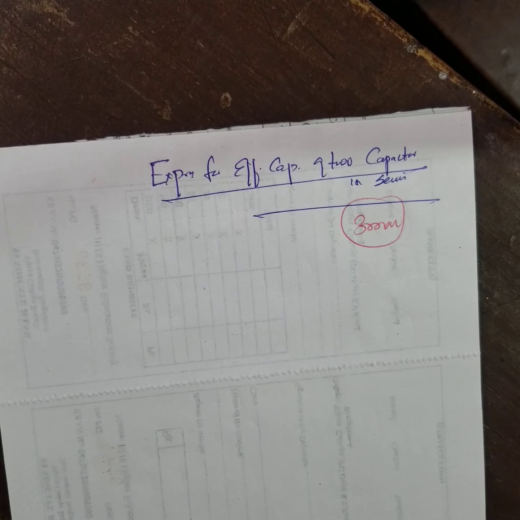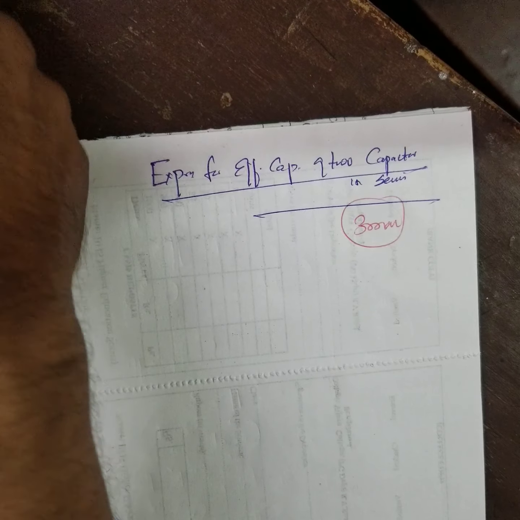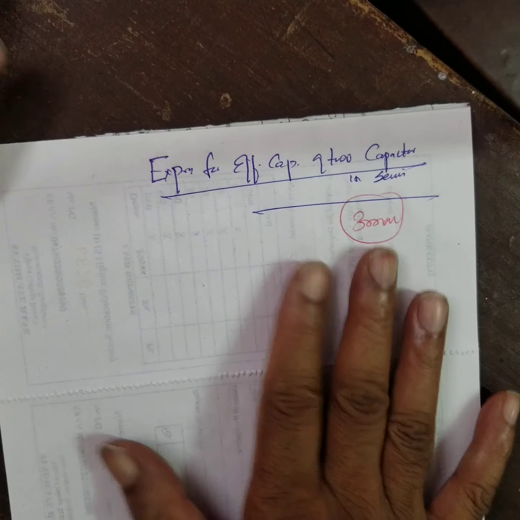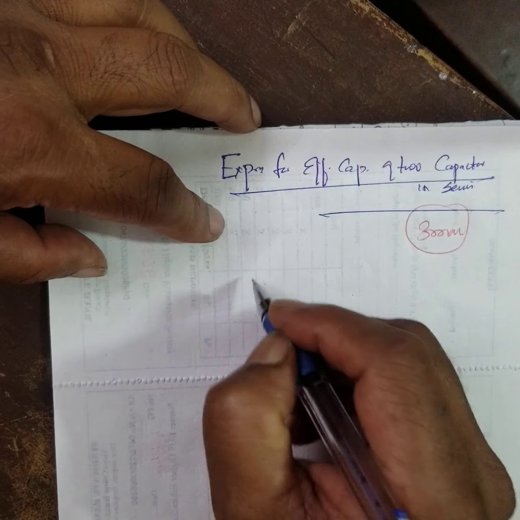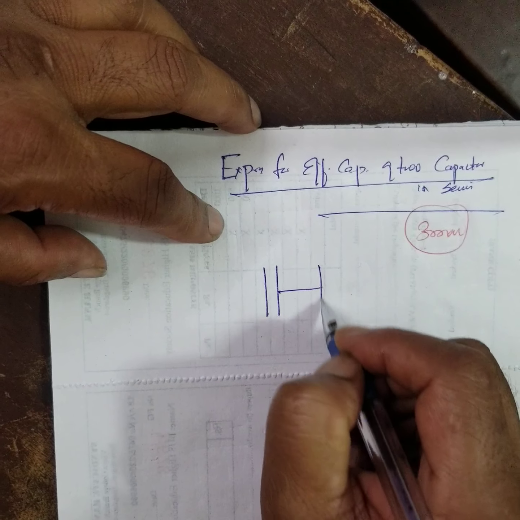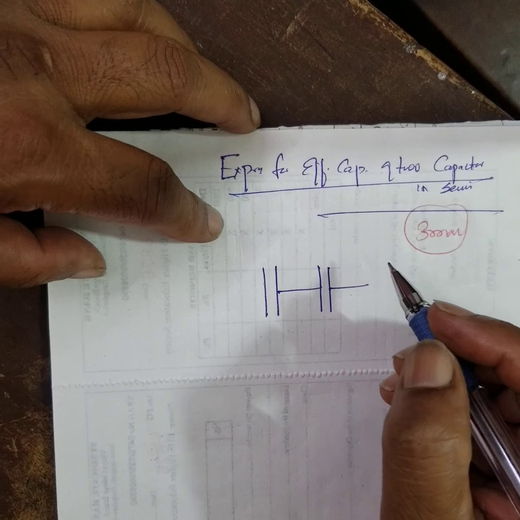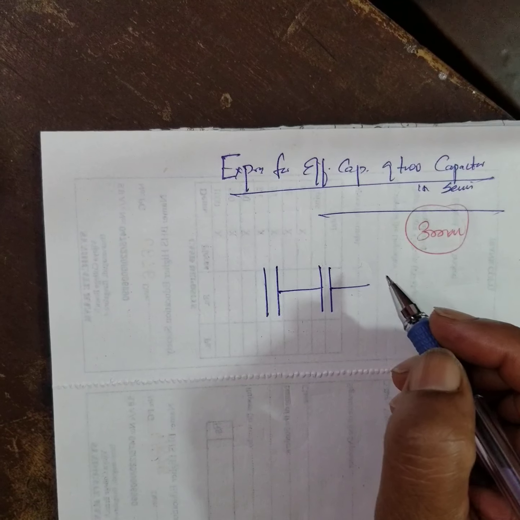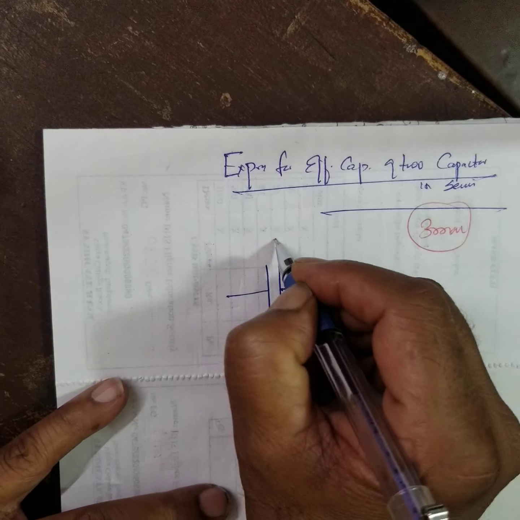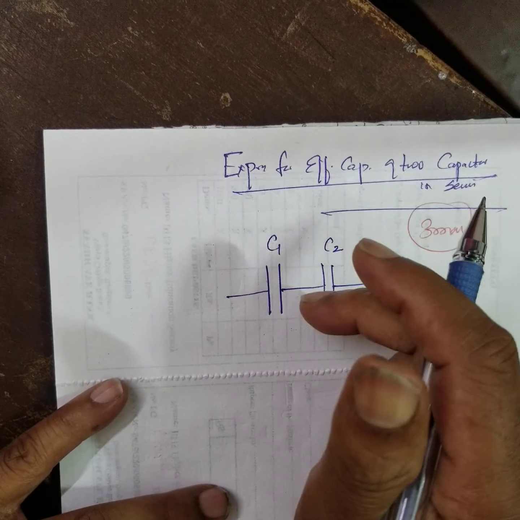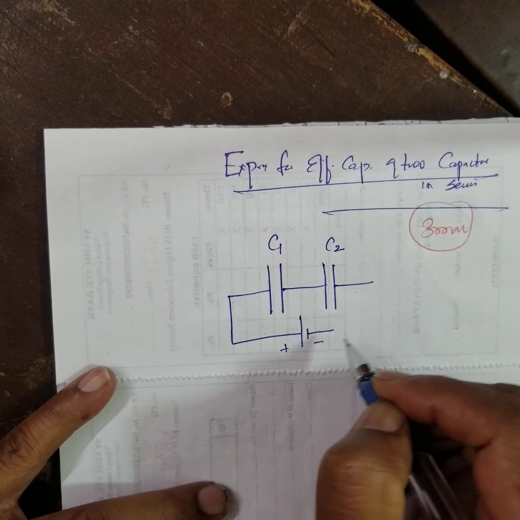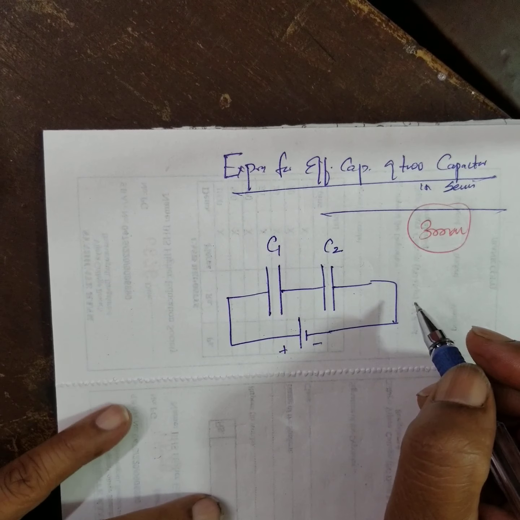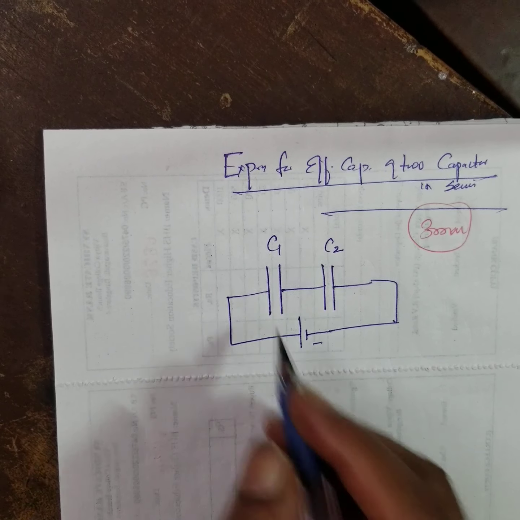Consider 3 capacitors connected in series. In the textbook they are given 2, but you had better take 3 in the exam. In the examination they may ask you 2 also. 2 or 3. Okay, 2 only I will start with. C1 and C2. Consider it is a combination of 2 capacitors connected to a battery, positive, negative.